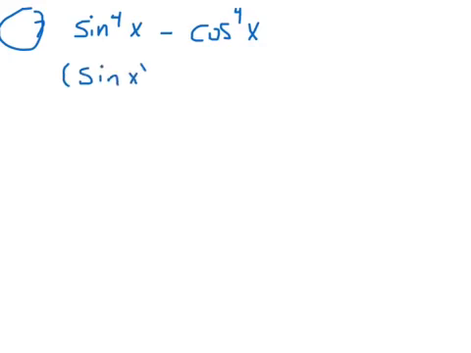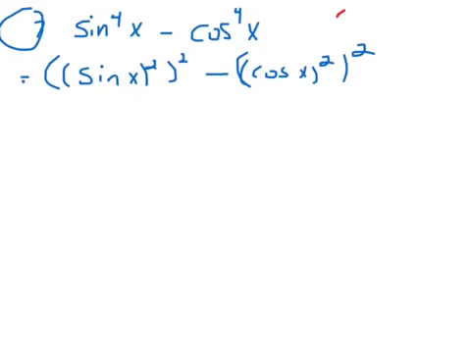We have sine fourth x minus cosine to the fourth x. This looks like a difference of two squares. Couldn't I have sine x squared, which would be sine to the fourth x, minus cosine x squared? Remember your difference of two squares factoring pattern: a squared minus b squared factors into a minus b, a plus b.